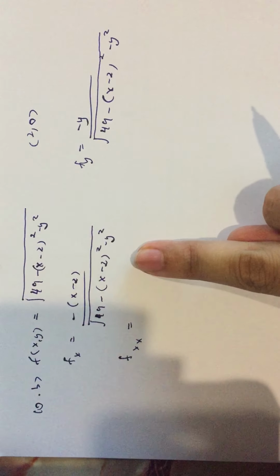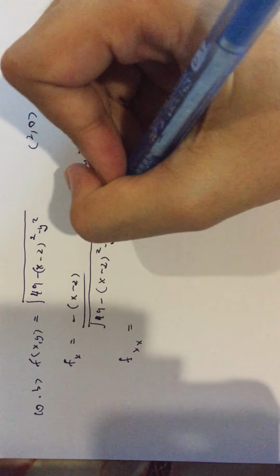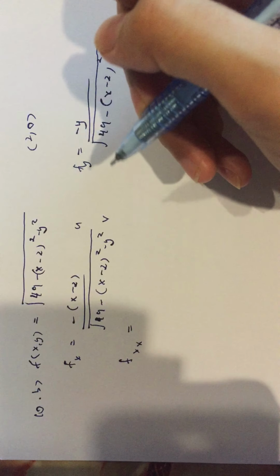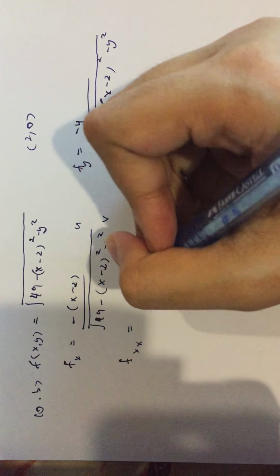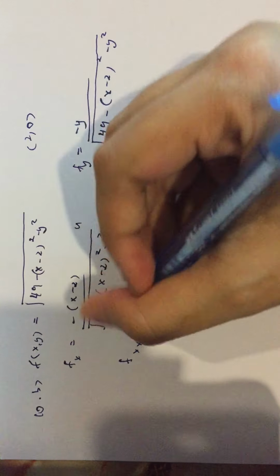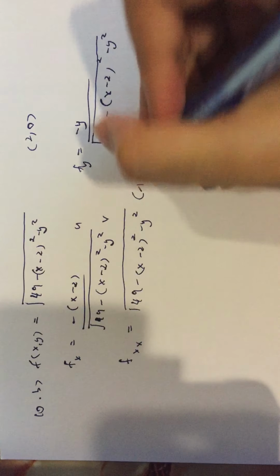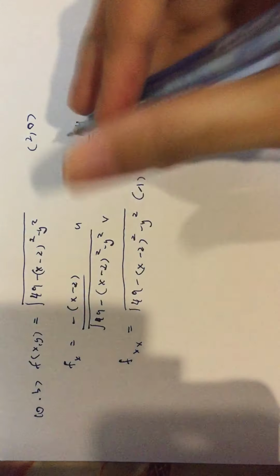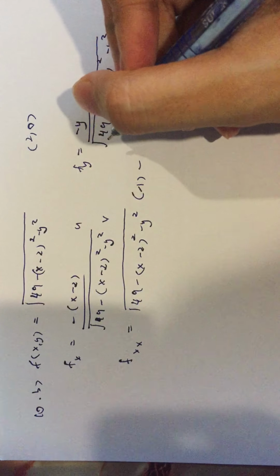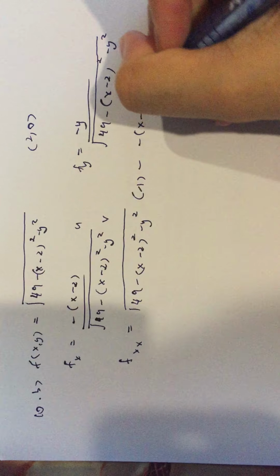Disebabkan x ada kat atas dan kat bawah, so kita akan guna quotient rule. So this one is u, this one is v. So we have v u prime, so we have square root of 49 minus (x minus 2) squared minus y squared, and then u prime equals to minus 1, minus u v prime, so minus (x minus 2).